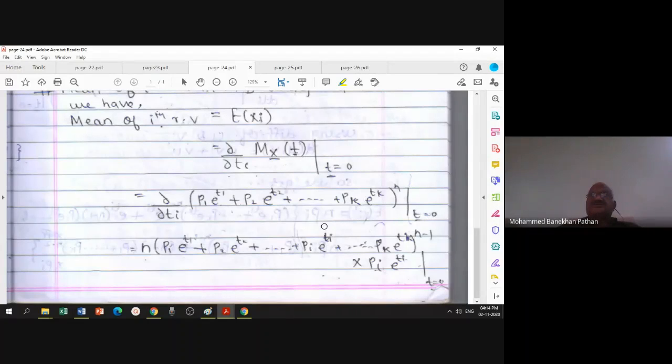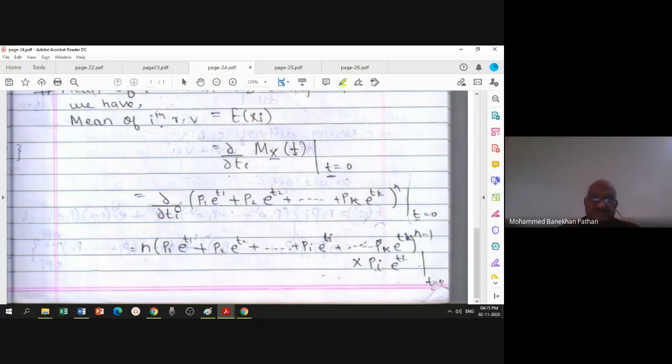Recall your differentiation knowledge from mathematics. This is a function with power n. Whenever I differentiate such a quantity, what is the rule of differentiation? Power gets multiplied, the function remains as it is, power reduced by 1, then multiply the differentiation of the function inside the bracket.